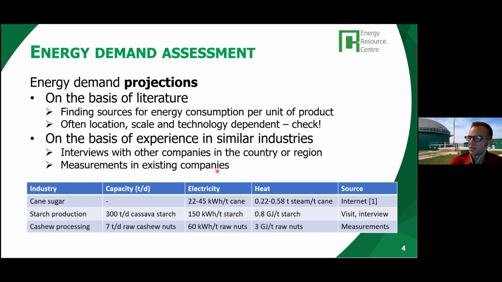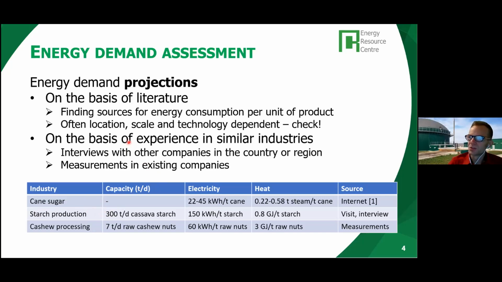Secondly, it's possible to use information that you may have from similar industries. So let's say from earlier studies in, for example, sugar industries or starch processing industries or cashew processing industries. Then these figures can also serve as a first indication.